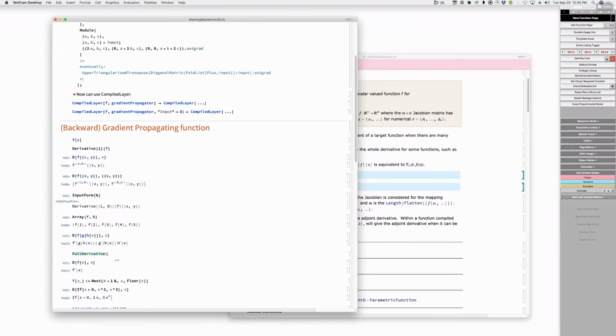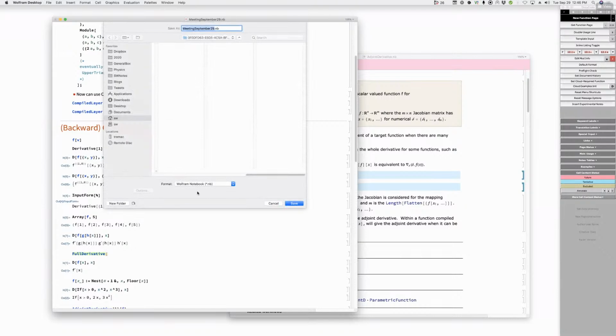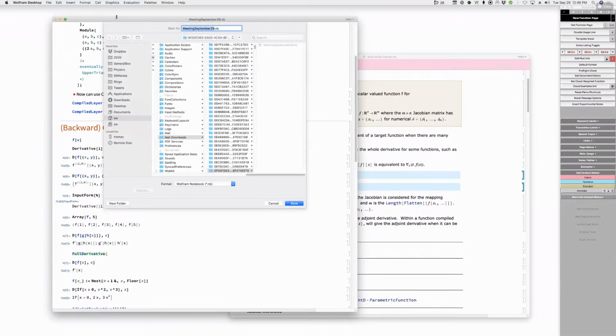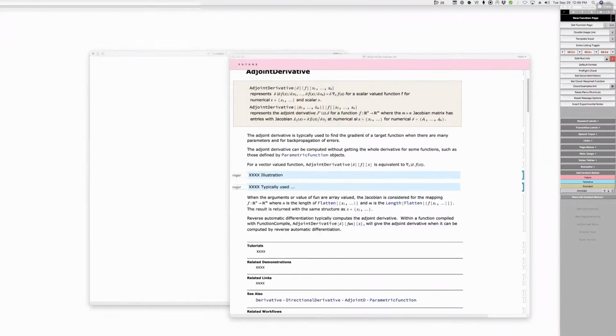For our application, yes, because in the end we're only interested in optimization, and so in functions that have a scalar output. But I think there are other applications where they also care about having the Jacobian. Oh no, yes, the full Jacobian is useful, but in many cases it's not.